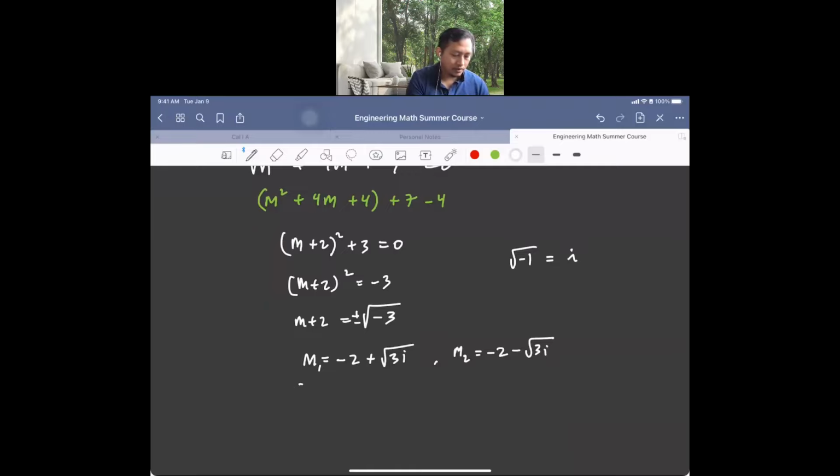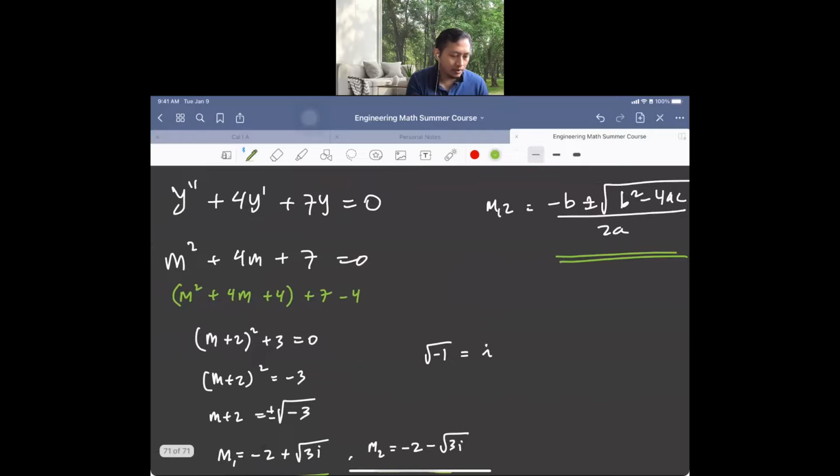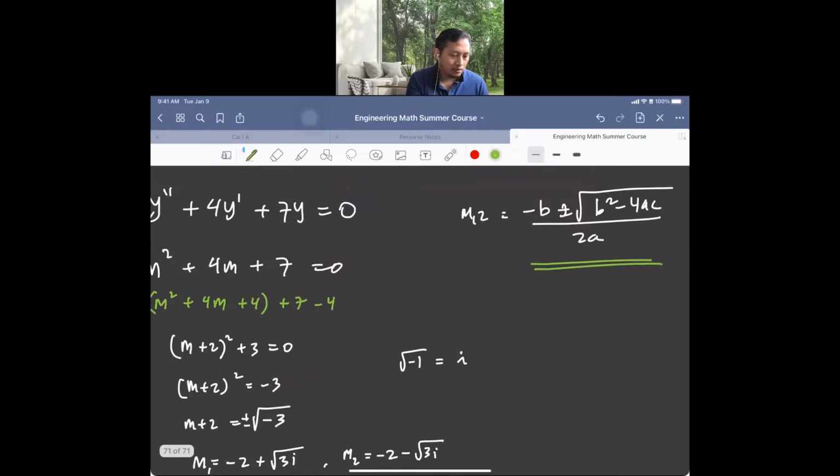Okay, now we have this. I think it's faster, but if you prefer the quadratic formula, that's also okay. You can just plug in all the a, b, c.